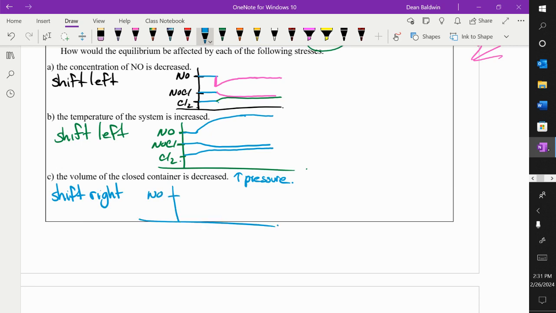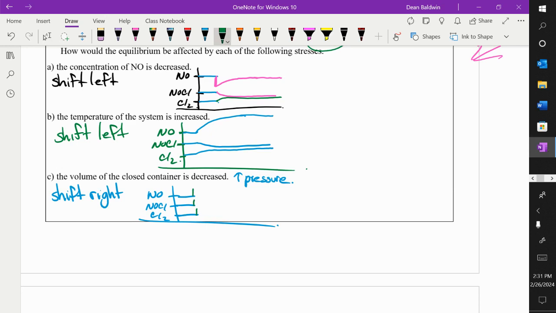NO, NOCl, Cl2. Whoops, that's not right, is it? What do I have to draw? You have to draw spikes, because if you decrease the volume, the concentrations spike. So you're going to get a spike, spike, spike.